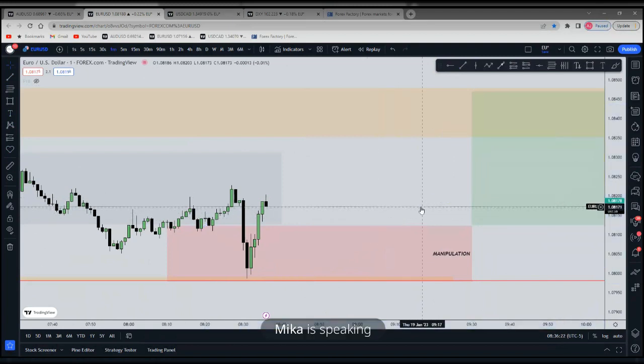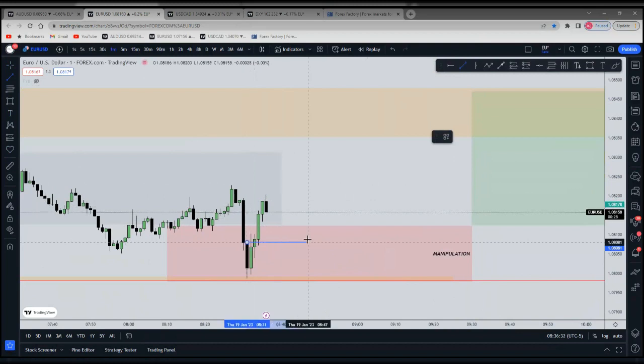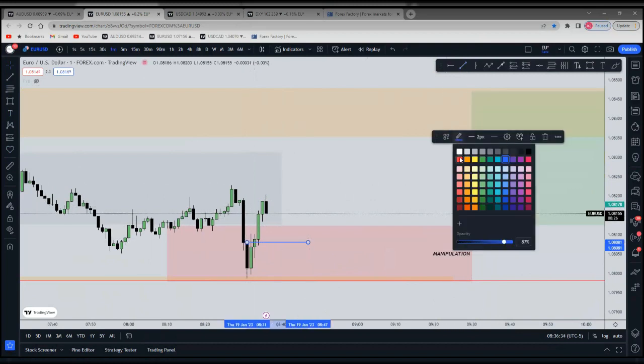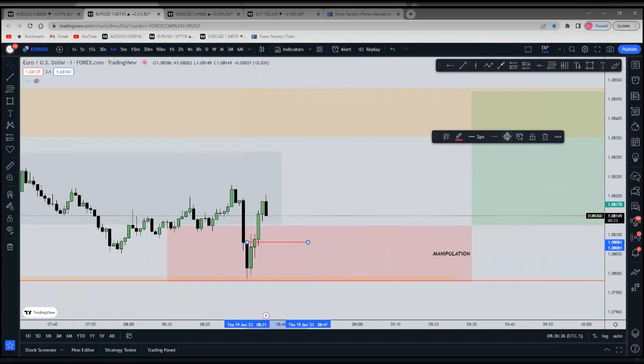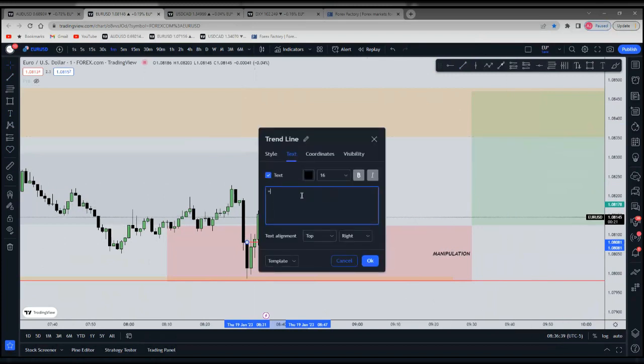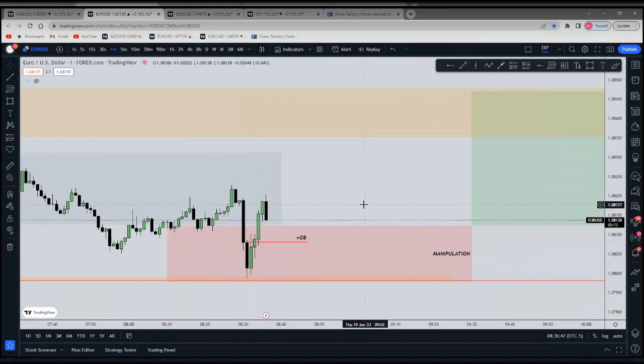I'm gonna take this off. So on the 1 minute for confirmation, what we would have seen as a trade is once price created this order block right here, yeah, so once price created this order block, we can start expecting retracements either into this FVG down here, right there.